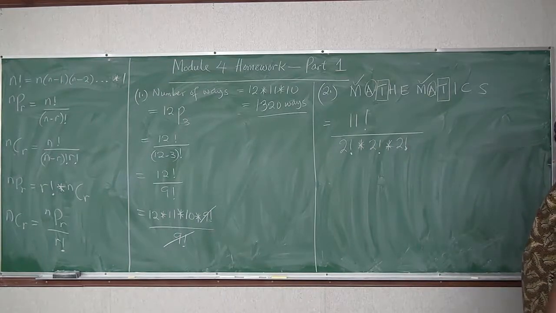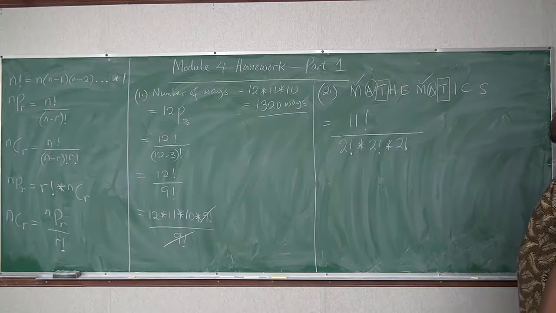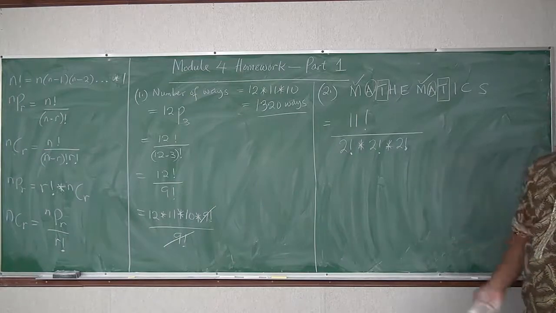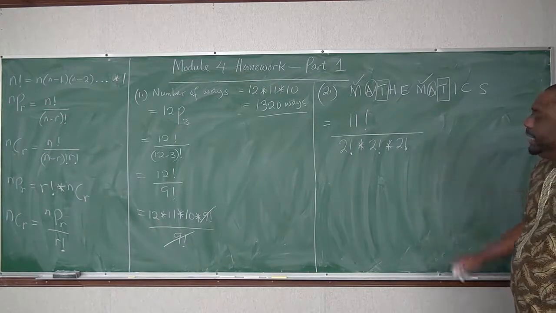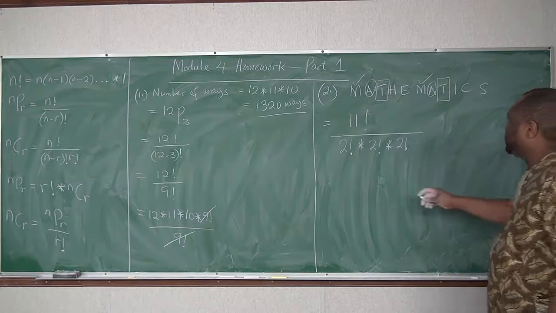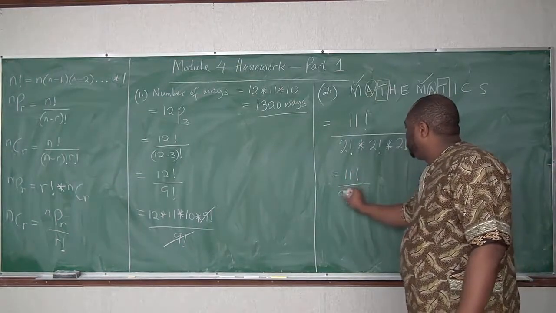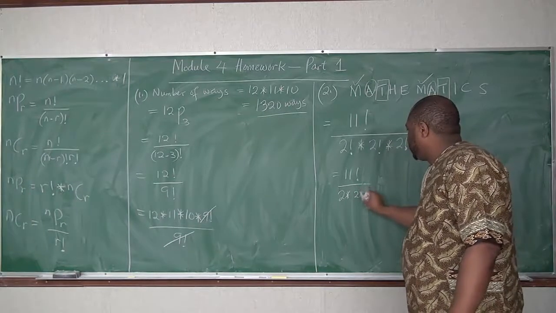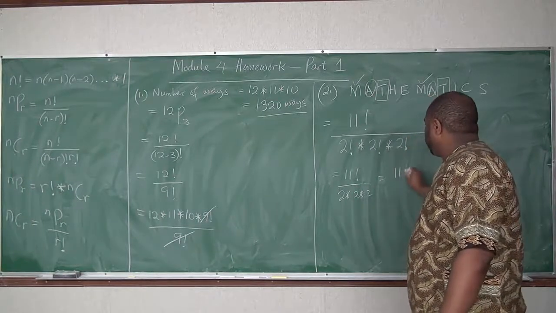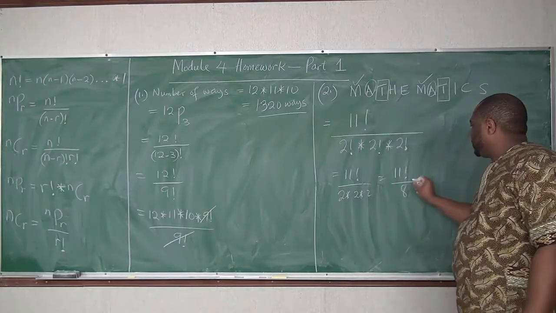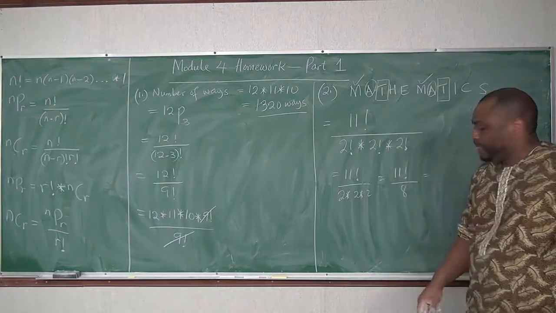H, no. E, no. We've used M, A, T. I, no. C, no. S, no. So this is what we get here. And of course, this will just give us 11 factorial over 2 times 2 times 2, so 11 factorial over 8.